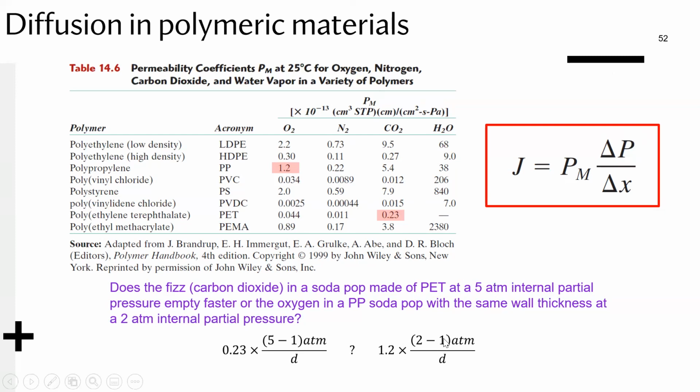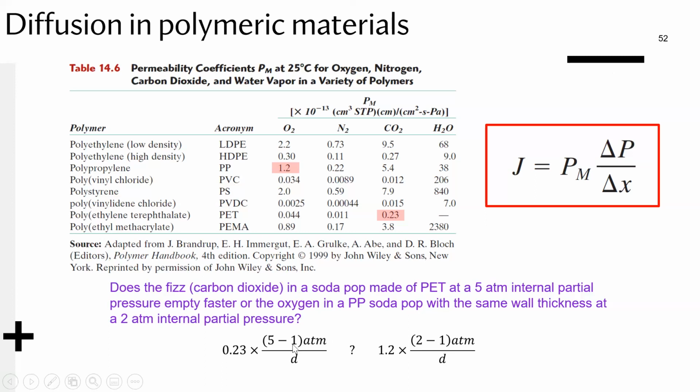In case of the oxygen, it's 2 minus 1 atmospheres. And again, it's fine to use 1 atmosphere here. I am assuming that that is the partial pressure. You would have to calculate that for CO2 and oxygen to be precise, but here, just for simplicity, I'm assuming that they've both got 1 atmosphere.